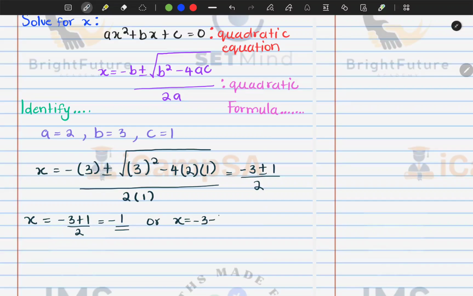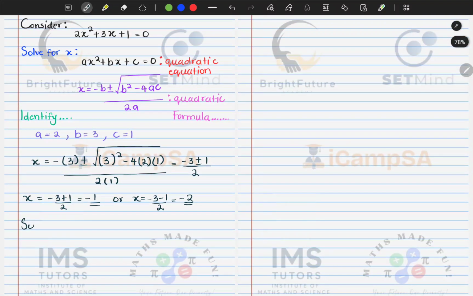So we have negative 3, negative 1 divided by 2, and that becomes negative 2. So we now have our solution. In case you struggle to factorize, x is negative 1 or x is negative 2.